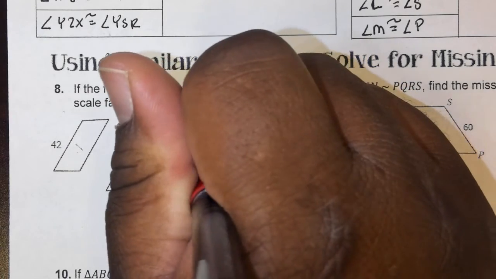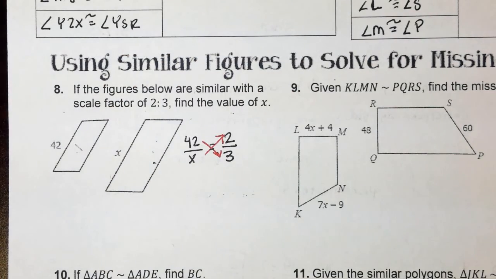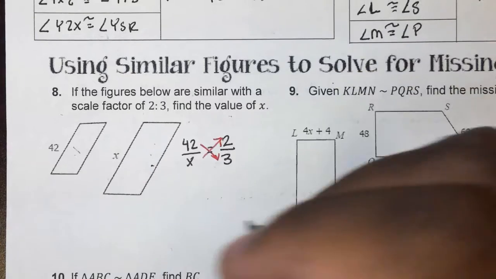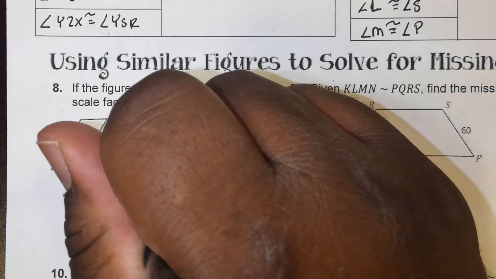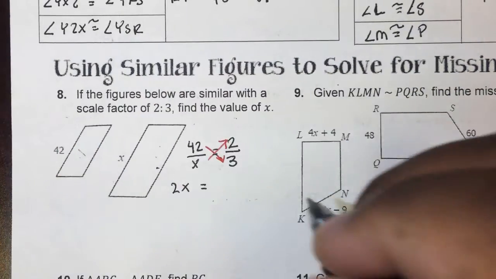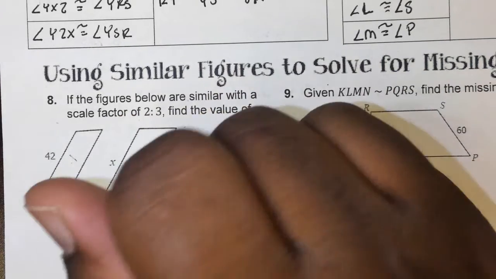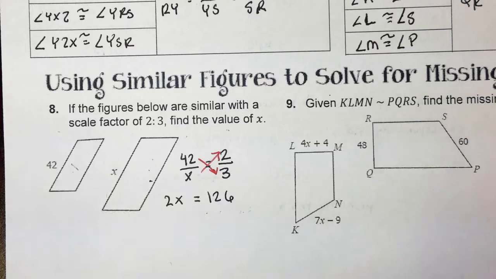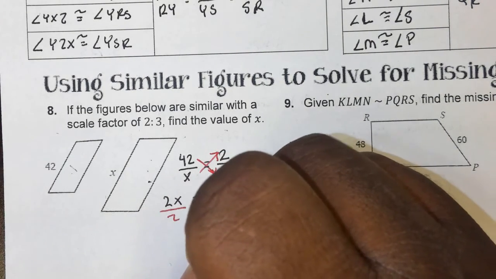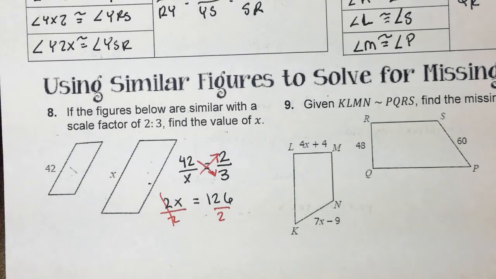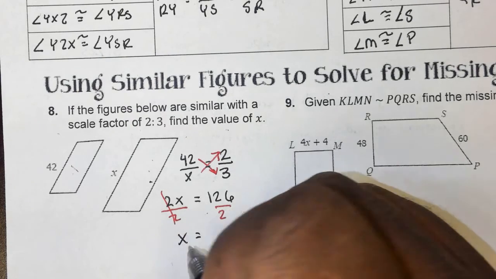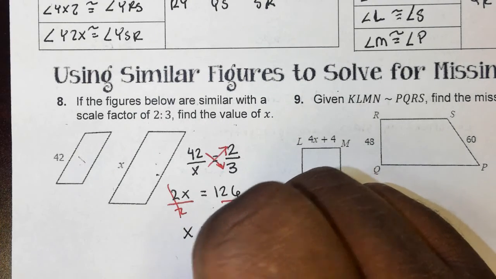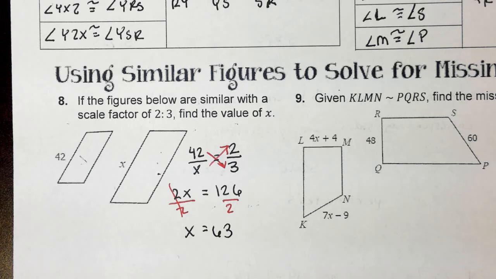Cross multiply. 2 times x is 2x. Over here, 42 times 3 is 126. Divide by 2, divide by 2. x equals 63. So the value of x equals 63.